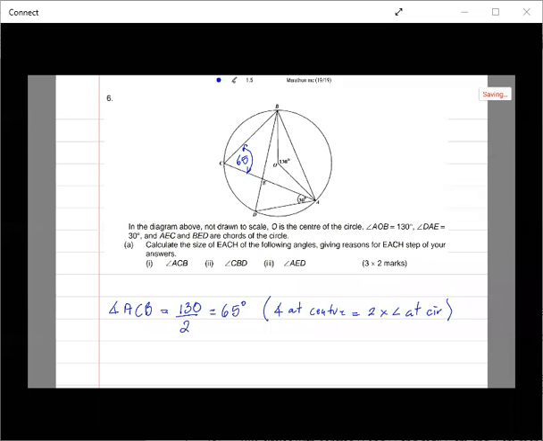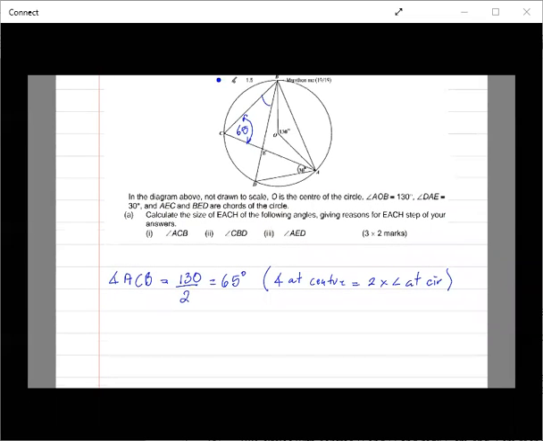Let's have a look at another angle. The angle is angle CBD. This angle here. Now, we already said earlier that angle CBD is equal to 30 degrees.